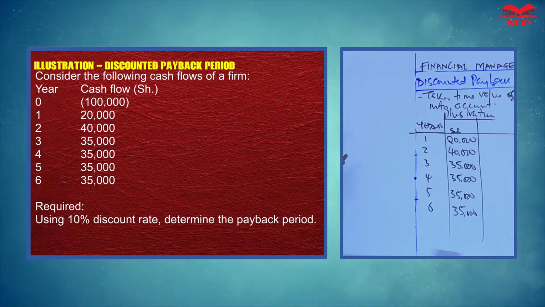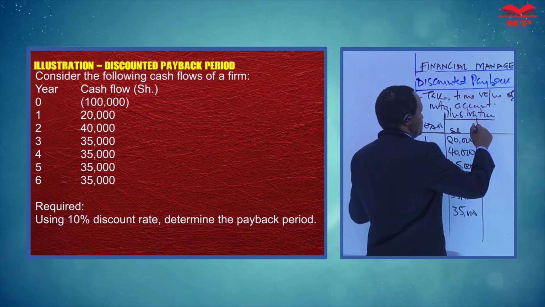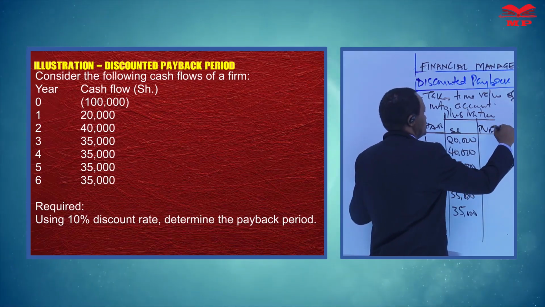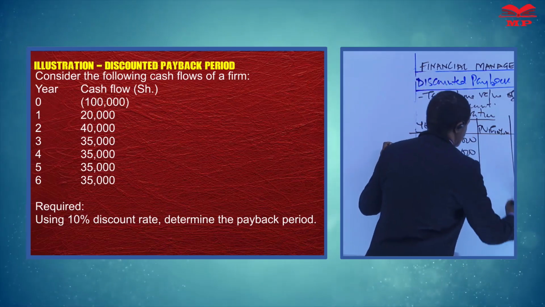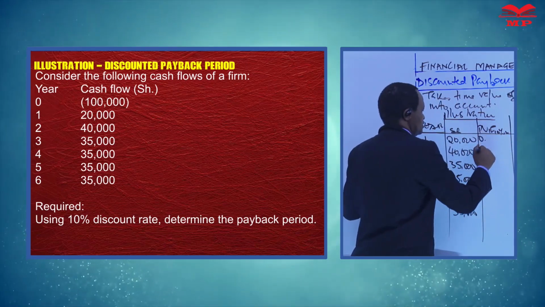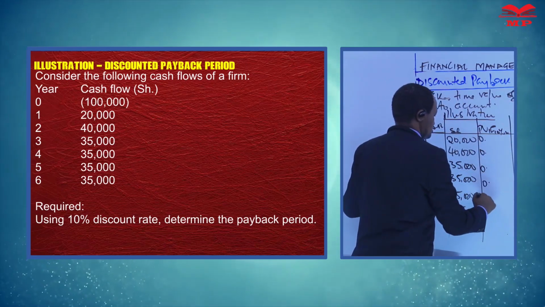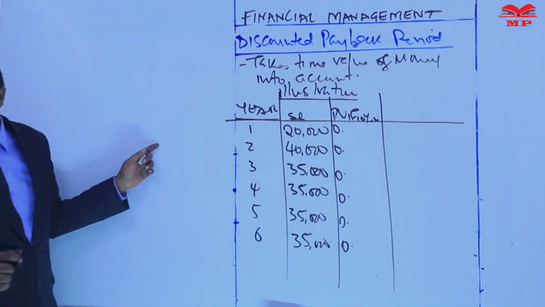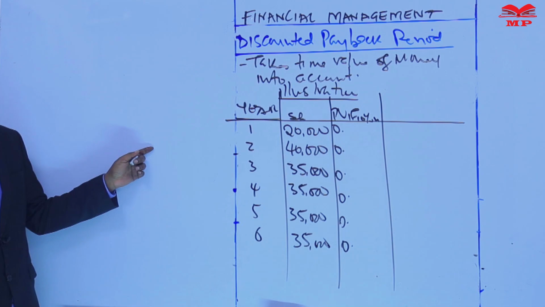So give me the present value interest factor at 10%. We had done this at 10%. Did we do 10%? It was 20%.